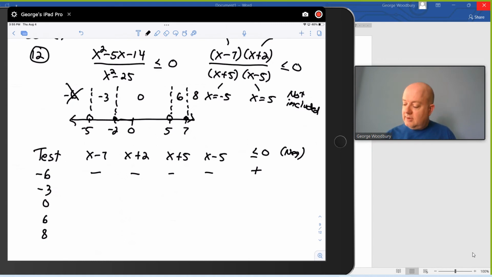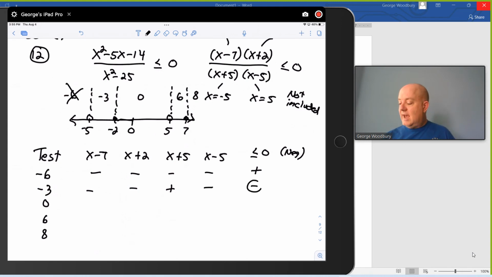Negative 3 minus 7 is negative 10. Negative 3 plus 2 is negative 1. Same as the first one. Here's where the difference shows up. Negative 3 plus 5 is positive 2. So that's the only factor that's different than the first test point. Negative 3 minus 5 is also negative. Now I've got 3 negative factors and 1 positive.